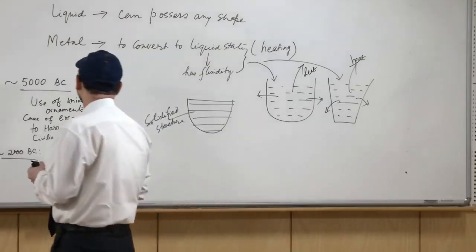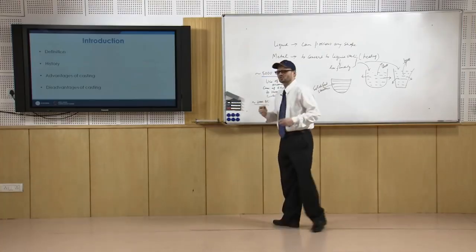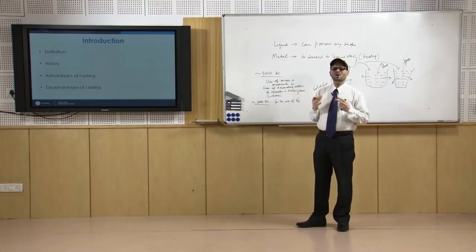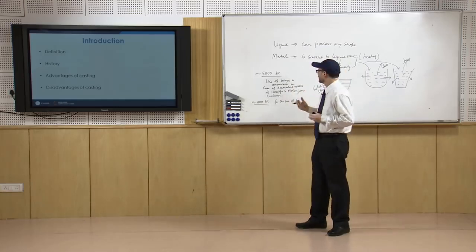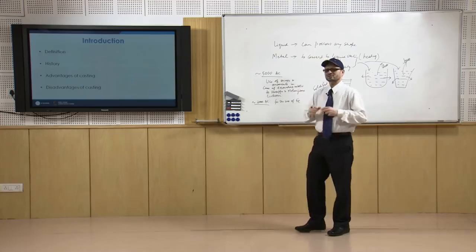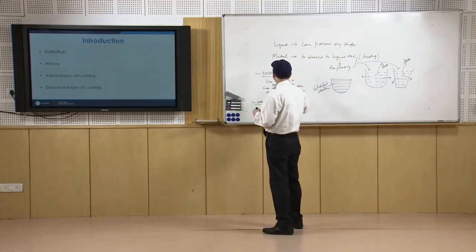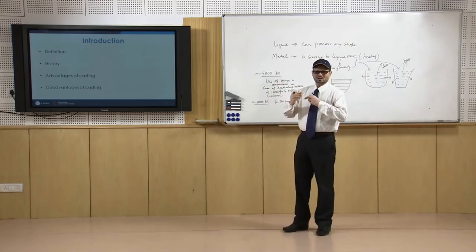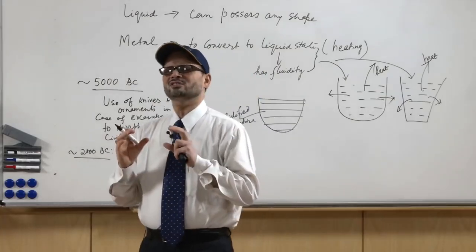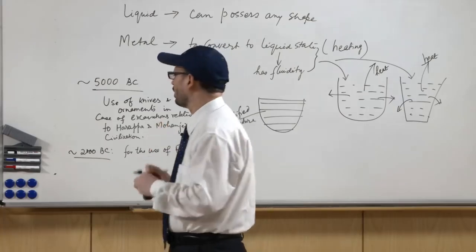In case of other metals, earlier copper and bronze were mostly used for making either utensils or the statues, monuments, all that. I mean, mostly it was copper or bronze.